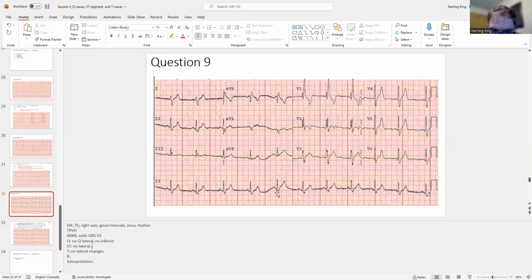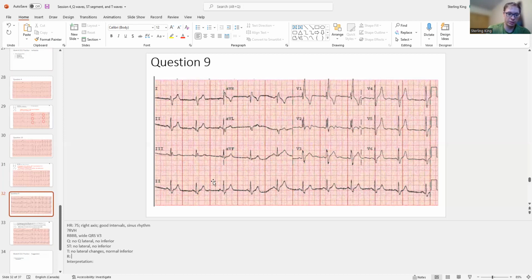This is breathing, so we don't want to interpret that as an ST change. It looks pretty close, honestly. It doesn't really look like there's a change here or there, so no inferior. And T waves look normal.